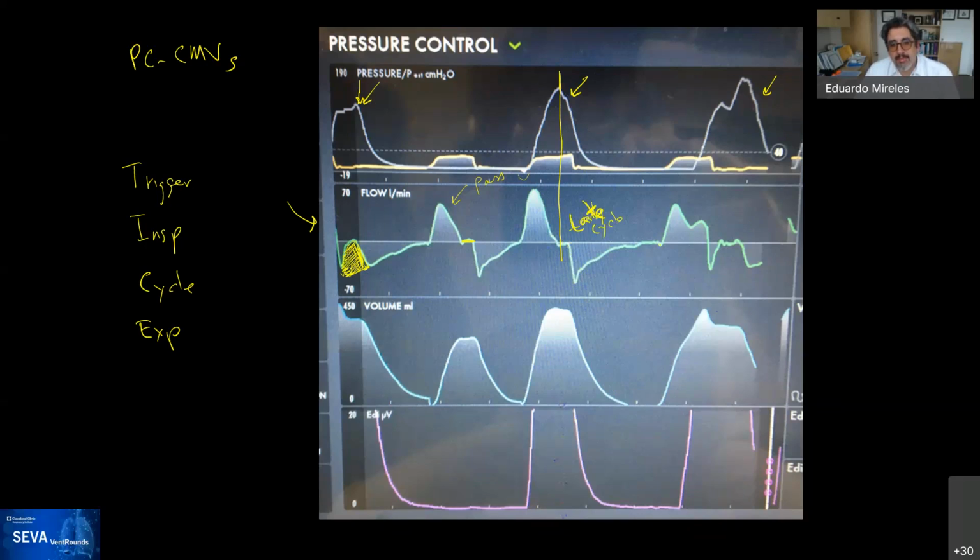And then comes the next breath, in which you can see up here there's no actual activity of the muscle. The breath gets triggered by the machine. It pressurizes, and a clue for that is that the height of this flow is pretty similar to the height of this flow, which tells you that this is a passive breath, started passive in this patient.